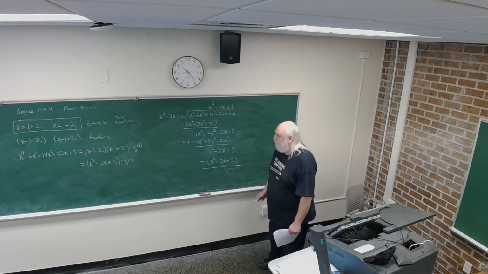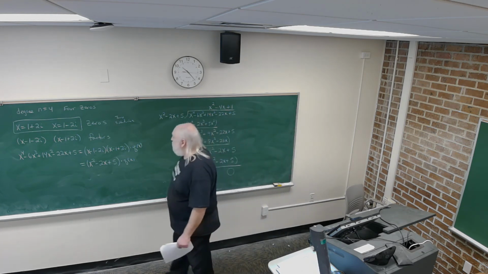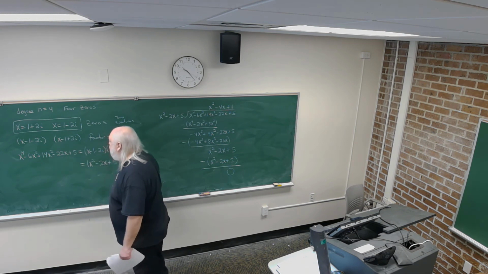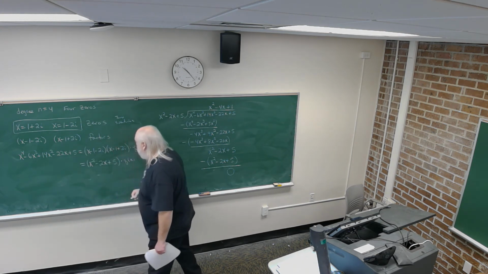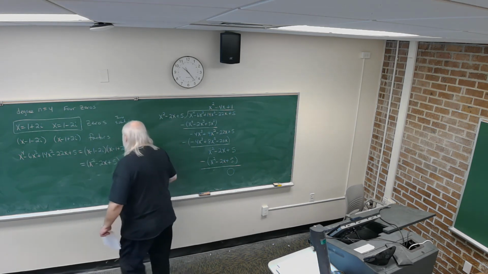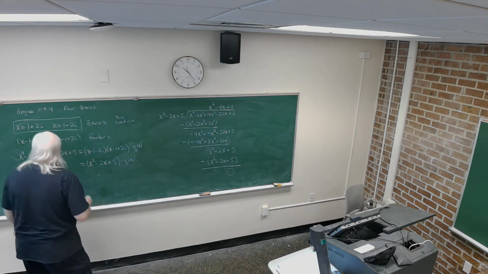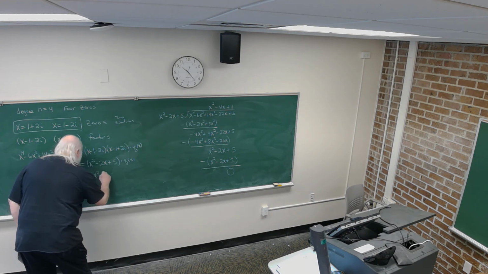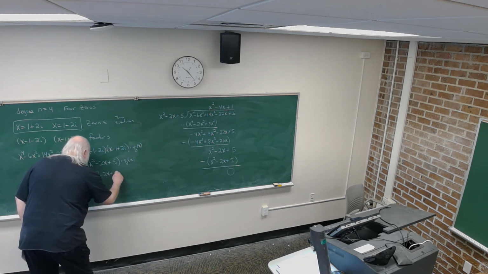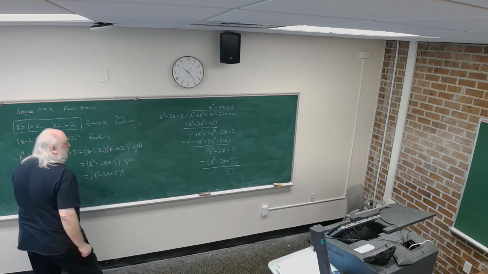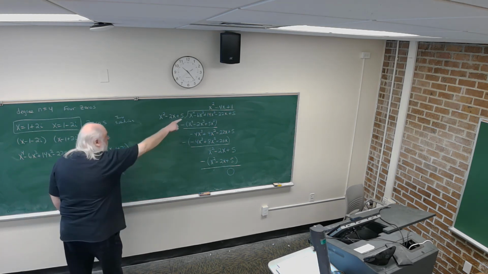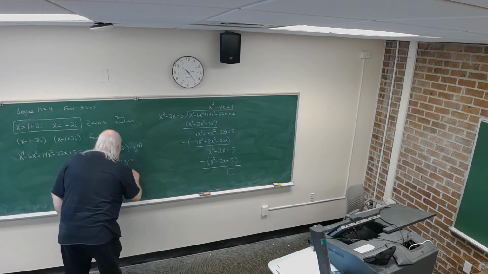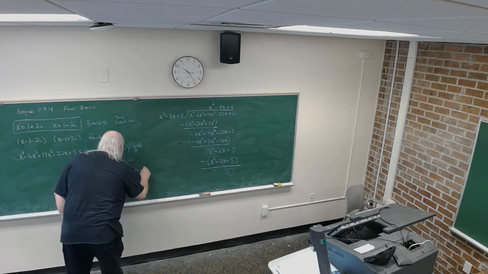Which you should, because these two guys are factors of our 4th degree polynomial. Okay. So our 4th degree polynomial is equal to x squared minus 2x plus 5 times the quotient from our long division, x squared minus 4x plus 1.